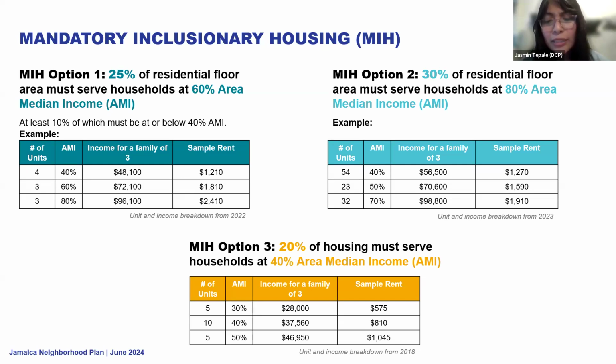These rents and income on the screen are based on a 3-person household and 2-bedroom example rent and HUD income limits shown here. They're from different years, but just to give you all a sense of how developers end up breaking up the types of housing they provide through MIH. Next slide.